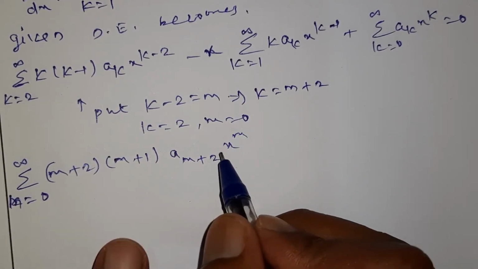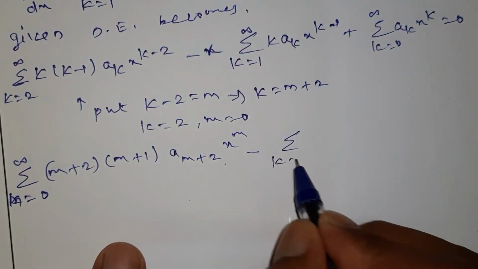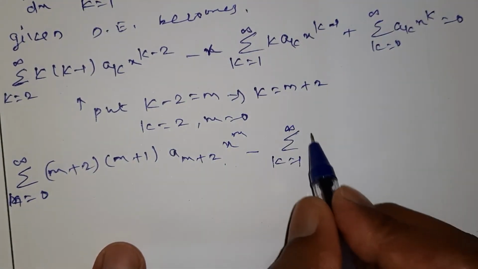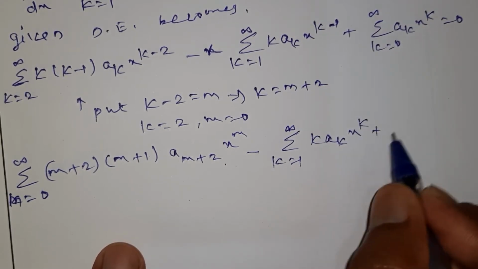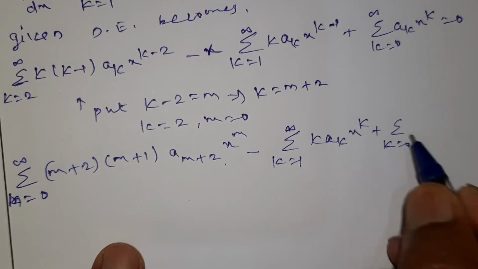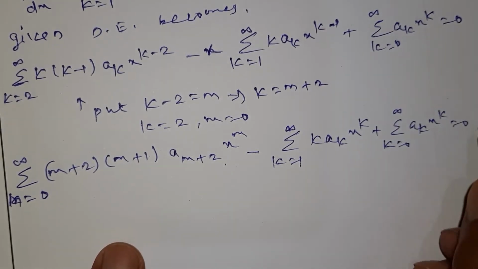First term is over. Minus, multiply inside, summation k is equal to 1 to infinity, k ak x raised to k, plus summation k equal to 0 to infinity, ak x raised to k is equal to 0.